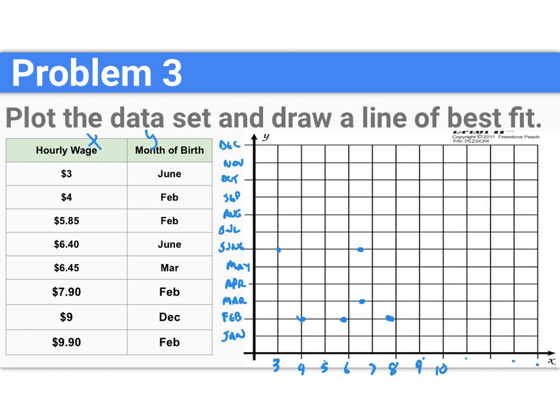December was $9. $9.90 was February. Wow, it's a lot of February birthdays on here. Okay, 2 people born in June, 4 people born in February. As you can see, there's no correlation to this data. It does not trend up or trend down. There's no relationship between hourly wage and month of birth.